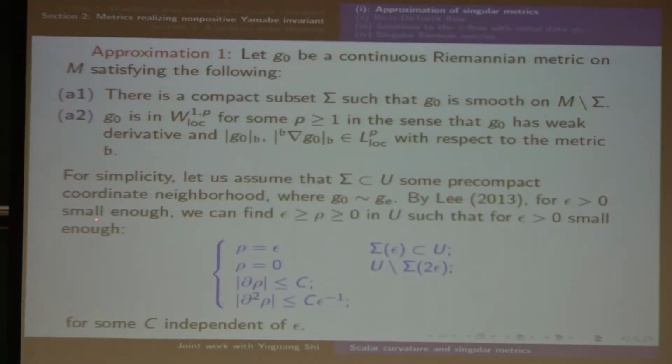Then, if epsilon is small enough, we can find a function rho equal to epsilon in the neighborhood of sigma, and outside the open set, outside sigma 2 epsilon, rho is 0. The gradient is bounded, and the second derivative is bounded by C epsilon minus 1.